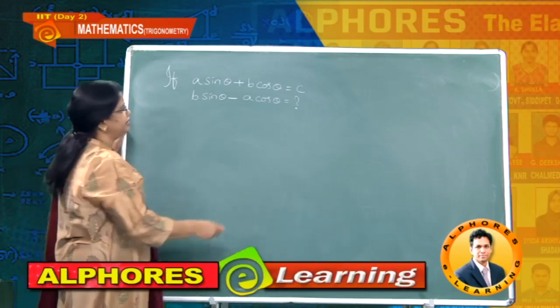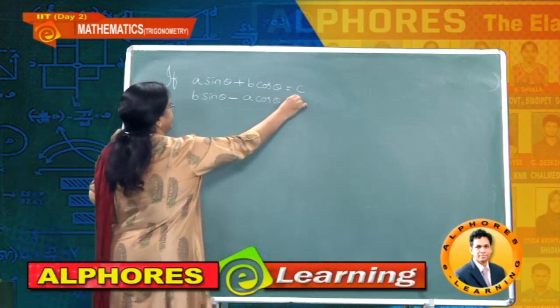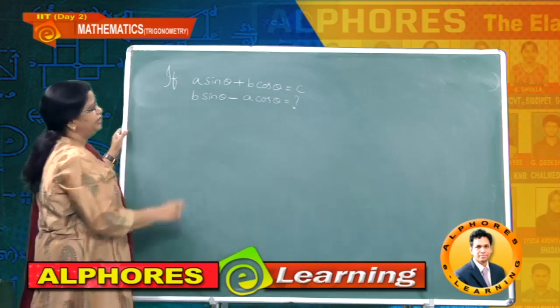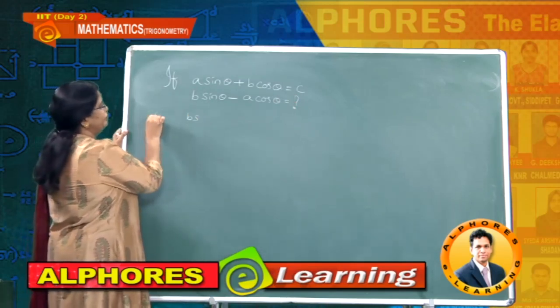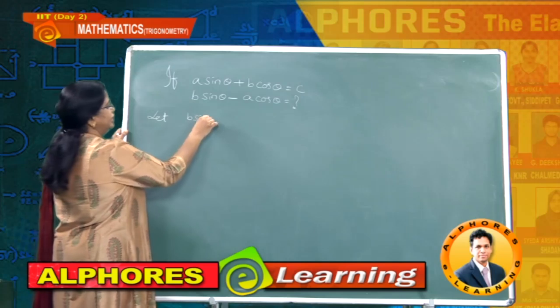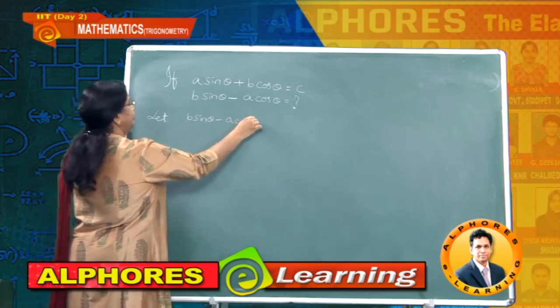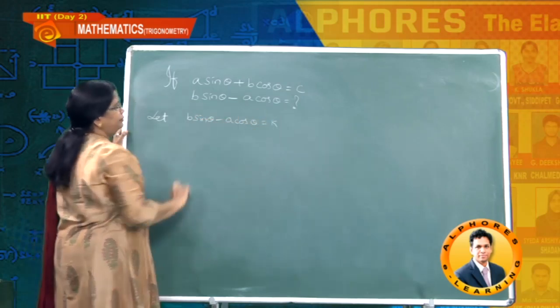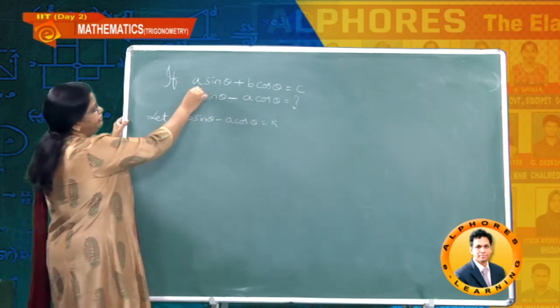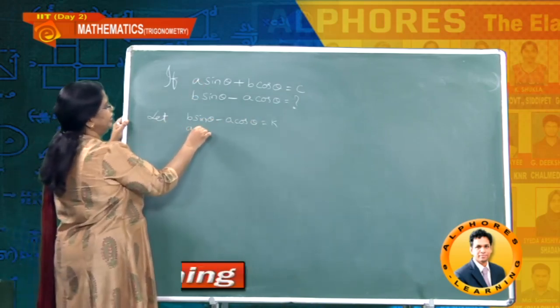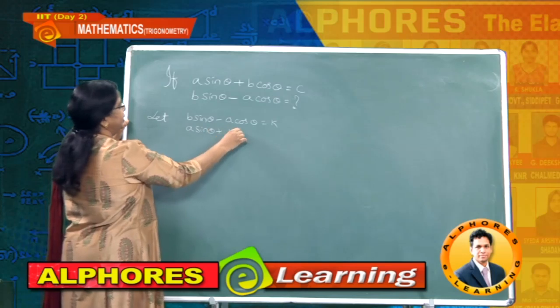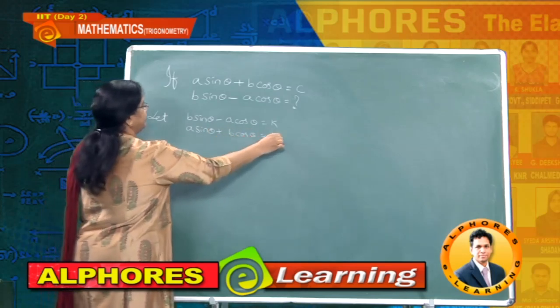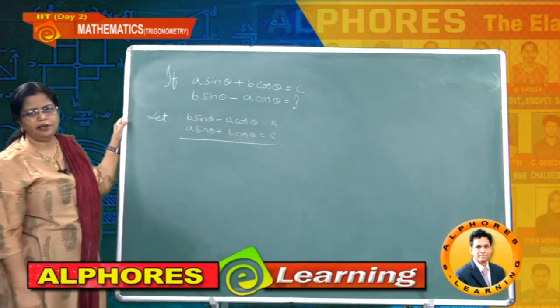I am taking this value as suppose K, this is the requirement. Now I am taking B sin theta minus A cos theta equal to K. So let this value be K. Then given value is A sin theta plus B cos theta equal to C. Now let us do square and add.